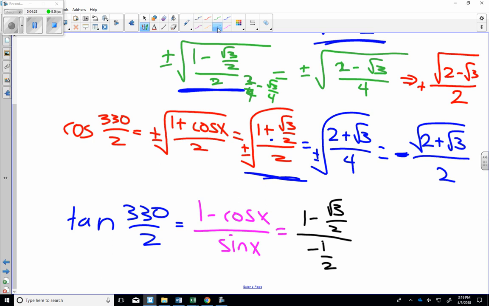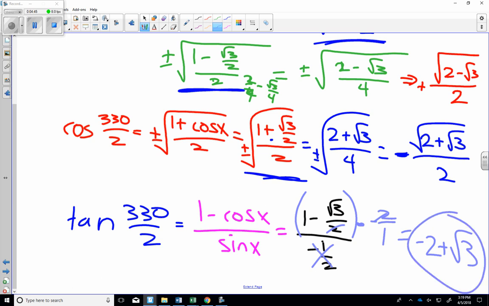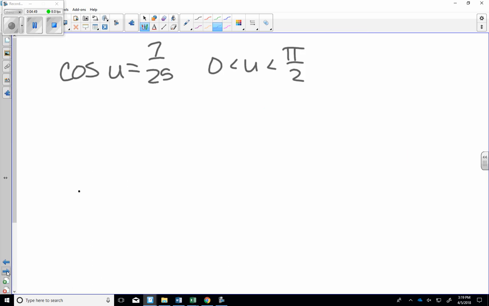And then if you multiply by the reciprocal, a negative 2 over 1, it's going to turn into a negative 2 plus 2, the 2's divide out, so square root of 3. And there's tangent. All right, moving on to the next question.